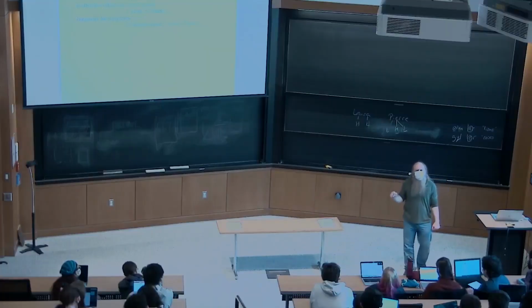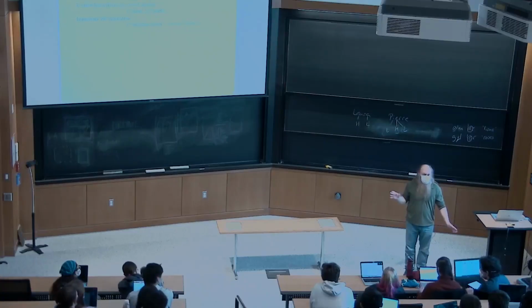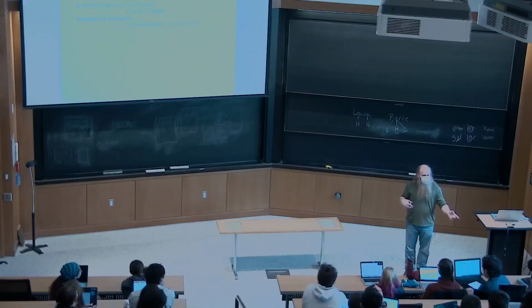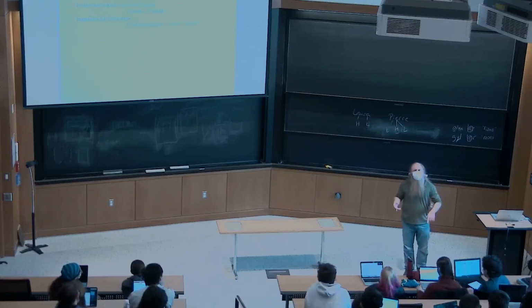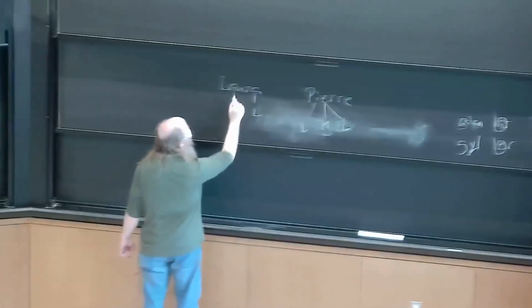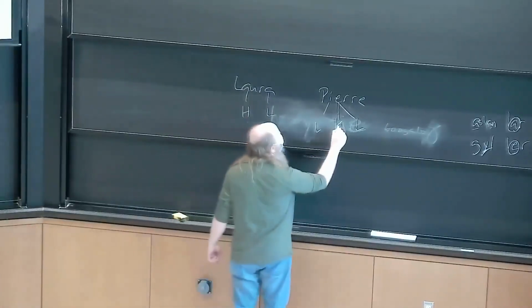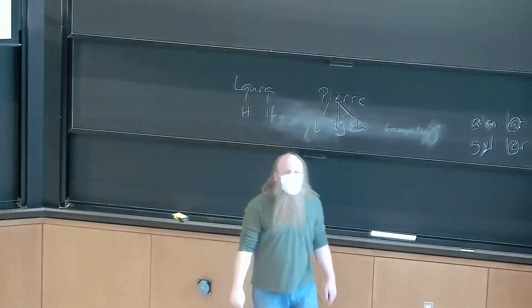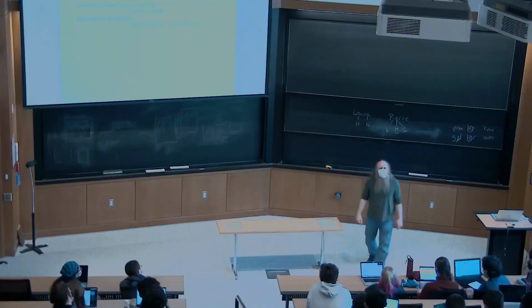What's the difference between Laura and Pierre? I mean, Laura is a girl and Pierre is a boy, but what else? Yeah, so we were just talking about how you do the vocative chant: the high is on the first syllable of Laura, the high is on the second syllable of Pierre. Why?